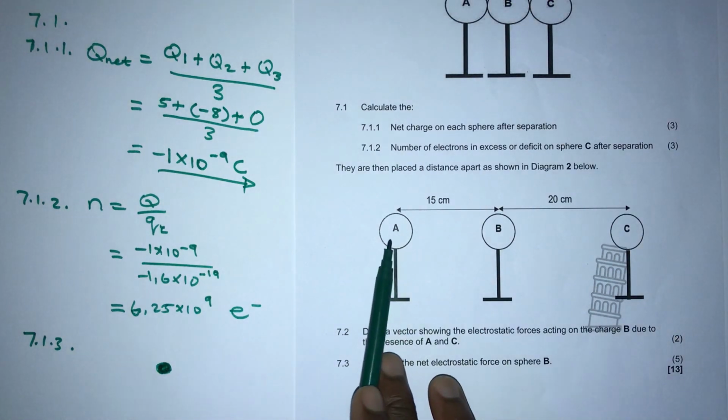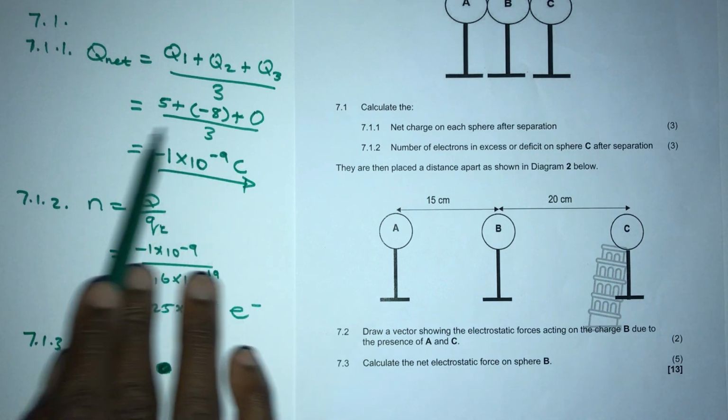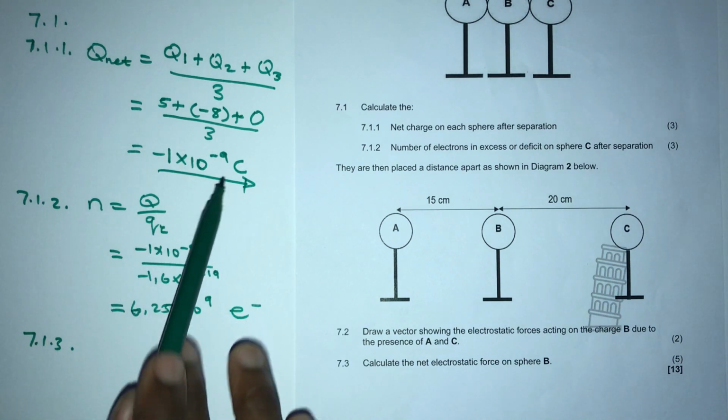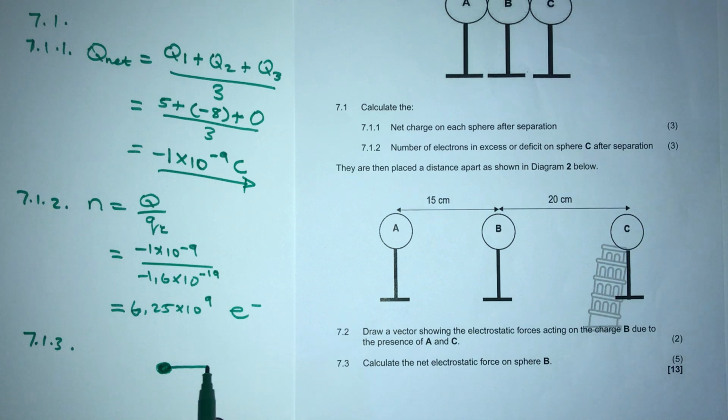So let's check. Remember we calculated the new charge, so now we focus on the new charge. These three spheres have the same charge, which is negative 1 times 10 to the power negative 9. It means that all of them are negative, so these are like charges. Like charges repel. It means that A will push B to the right.